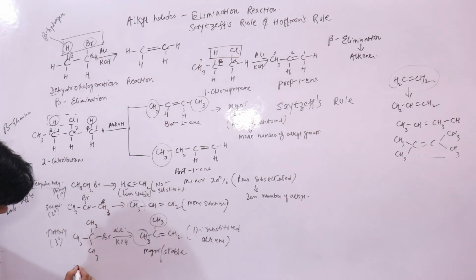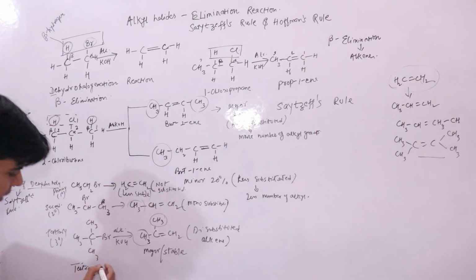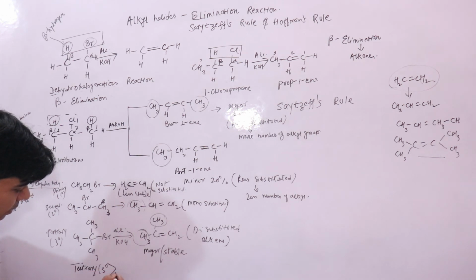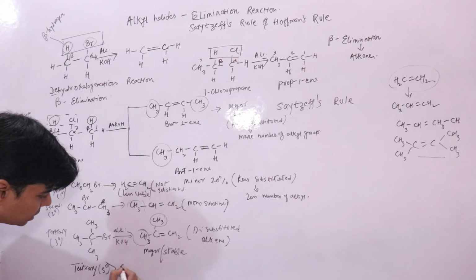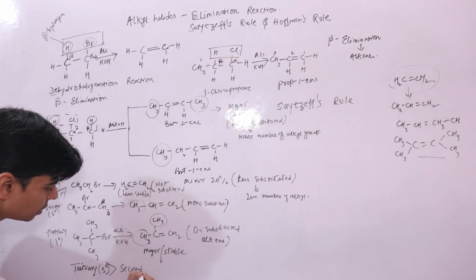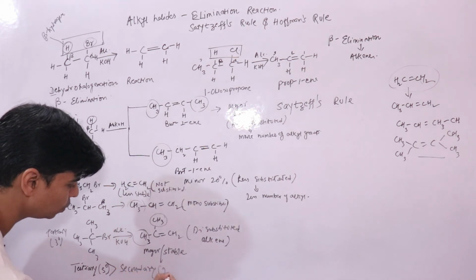product, right? So for your 3 degree or tertiary halides, the ease of dehydrohalogenation would be maximum, which is your 3 degree, right? Then comes your secondary halides, which is 2 degree.